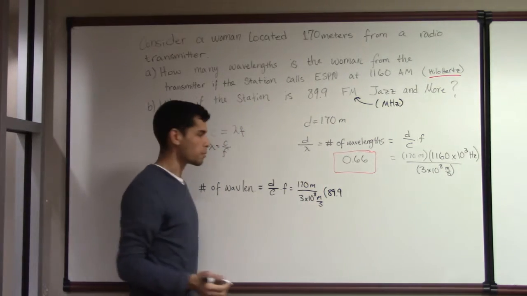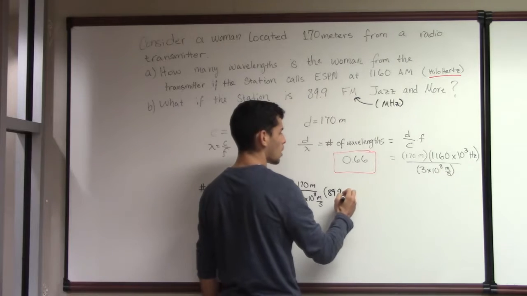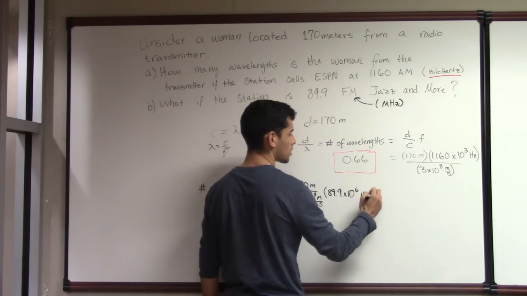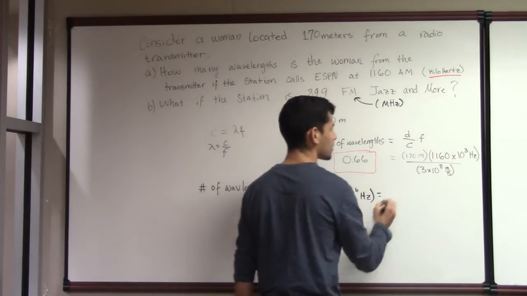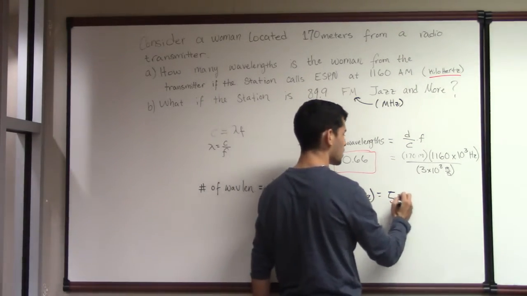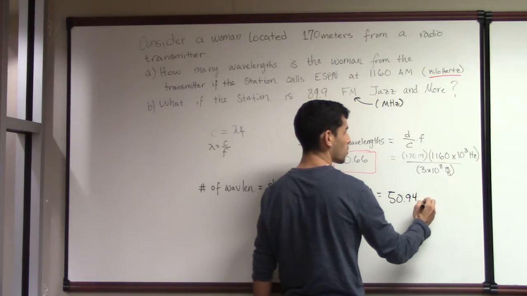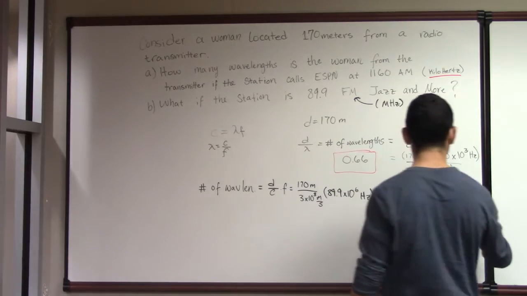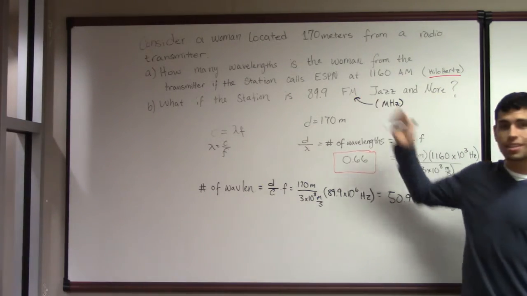If you remember or look at your formula sheet, that will be times 10 to the 6th hertz. If we calculate this out, we will find that there will be 50.94 wavelengths in between our friend and the transmitter.